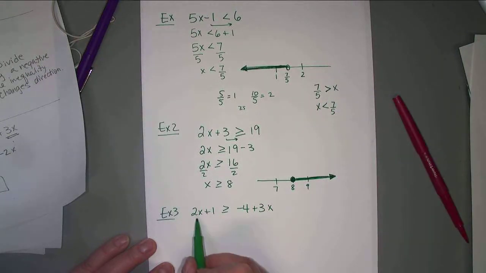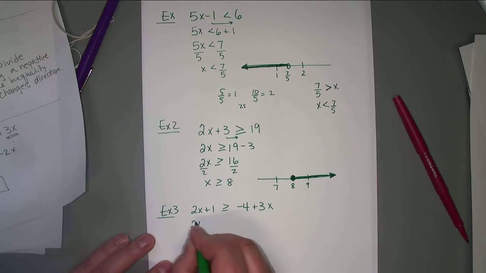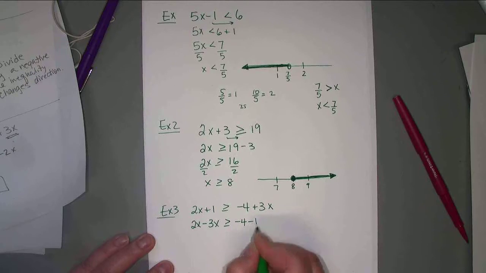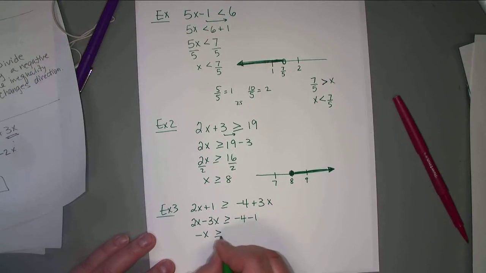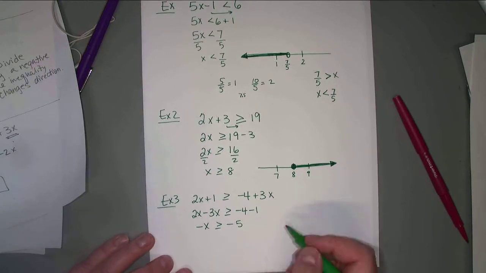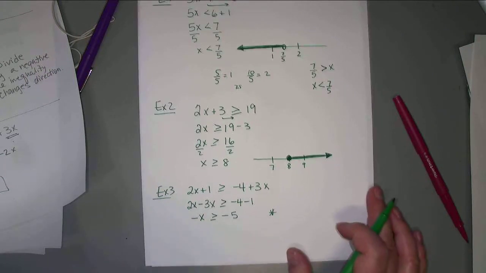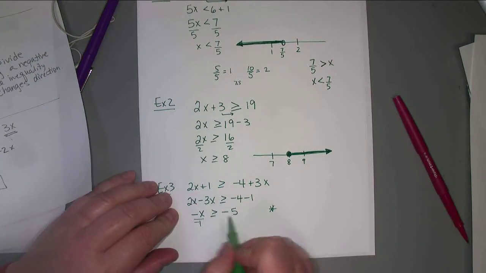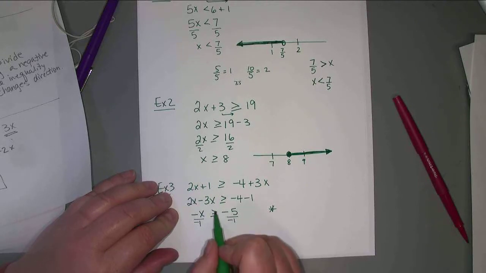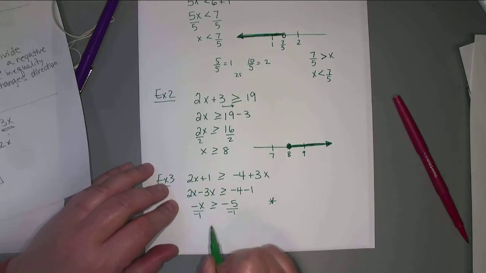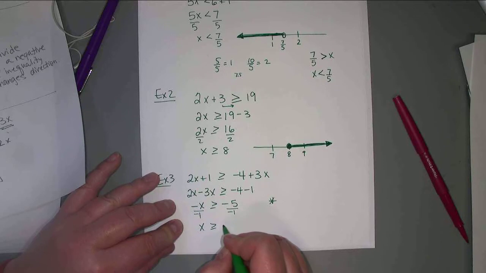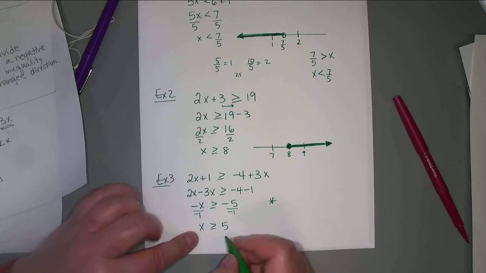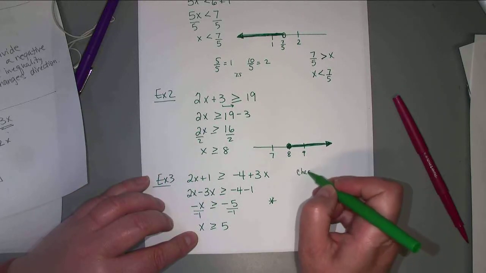Now, in this example, let's just move the x's to the left-hand side. And we end up with minus x is greater than or equal to minus 5. Now, if you remember from high school, when we divide by a negative in inequalities, we actually have to switch the sign. So this would be wrong. That won't work. If we check our answer here, so how do you check these?